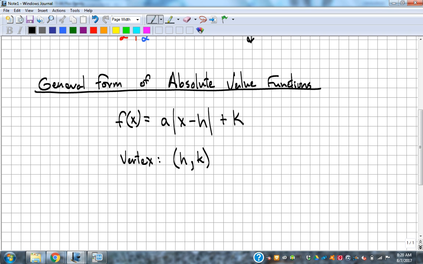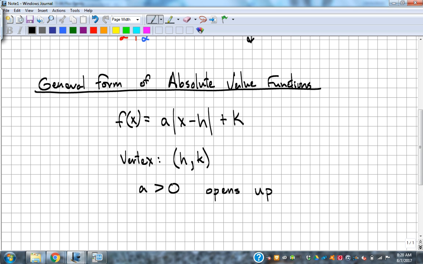All right. The a value in the front, the leading coefficient, I guess would be the best way to say that, determines which direction that V shape goes. If a is positive, how do we say that a is positive? Because a is greater than 0, right?